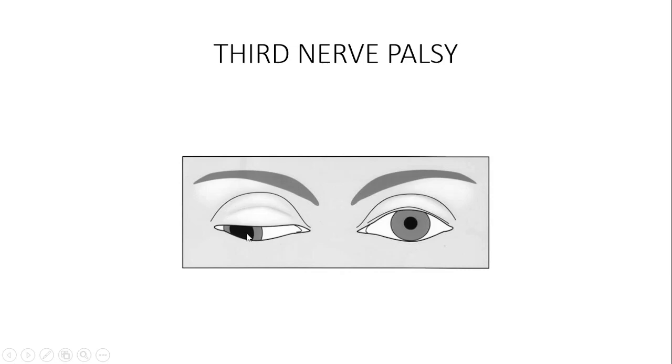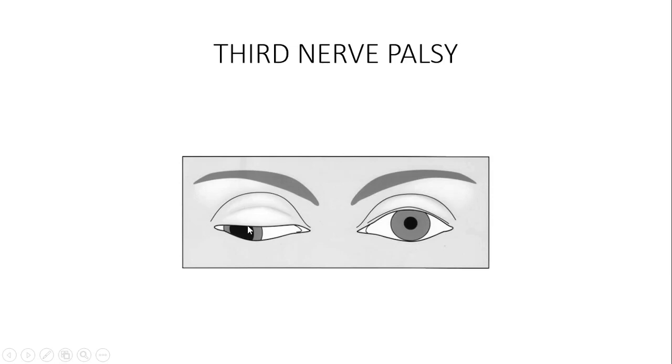So when there's any compression on it, it can be from a tumor, from bleeding into the brain, or from trauma. Because the pupillomotor parasympathetic fibers come from the Westphal nucleus, remember the ocular muscle lecture, revise it.